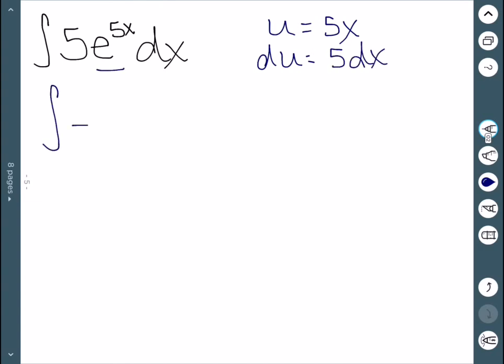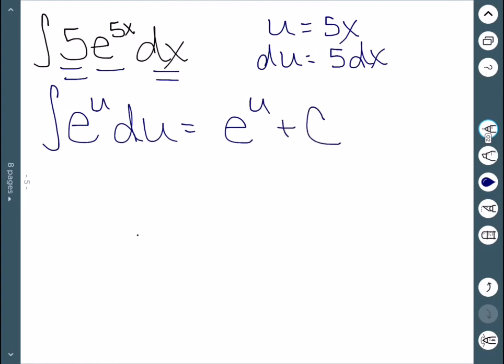So now this becomes e to the u, and the 5 dx becomes du. So we have the integral is e to the u plus c, which is e to the 5x plus c.